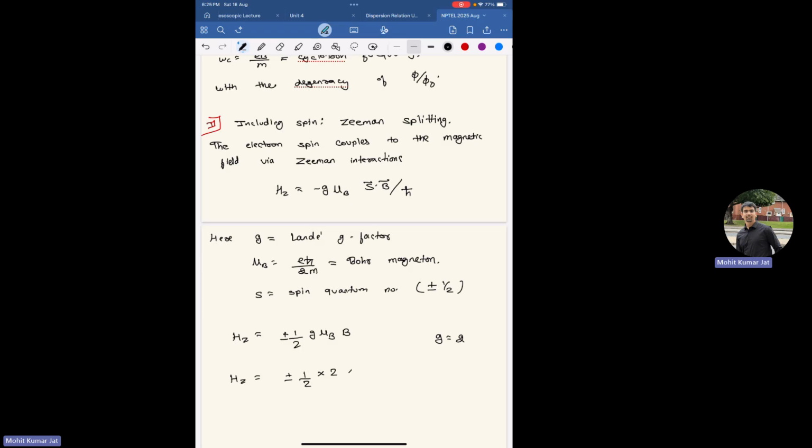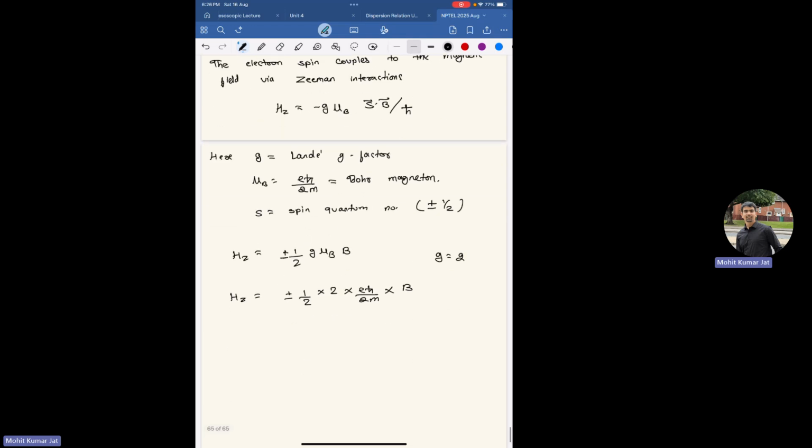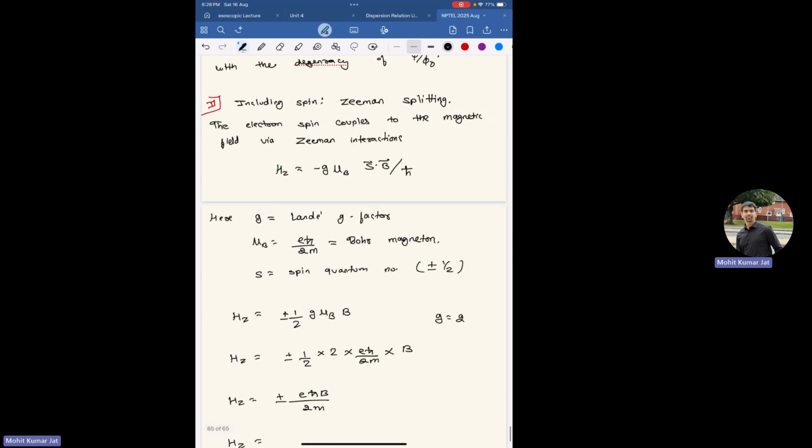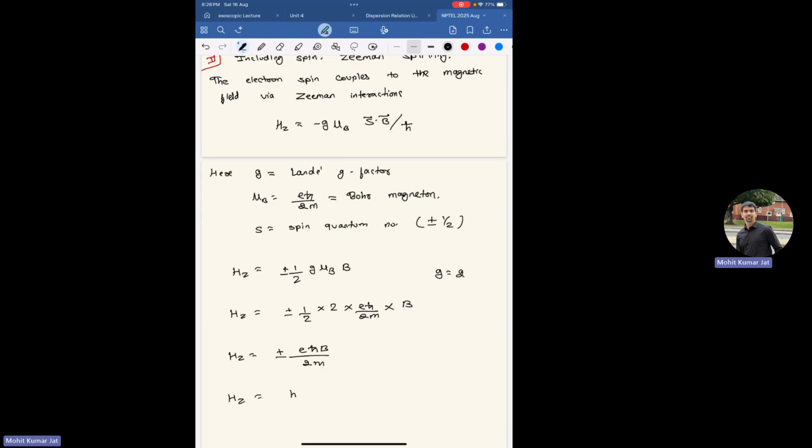And g is 2, mu B is e h bar by 2m, times B. And if you see it, it is nothing but e h bar B by 2m, plus or minus. And we know that this omega c is eB by m. So this is essentially h bar omega c by 2.